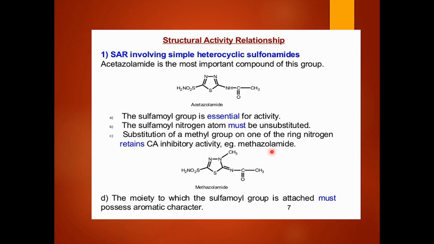Example, methazolamide. Fourth point is that the moiety to which the sulfamoyl group is attached must possess aromatic character. What is the meaning? The sulfamoyl group must be attached to an aromatic moiety.